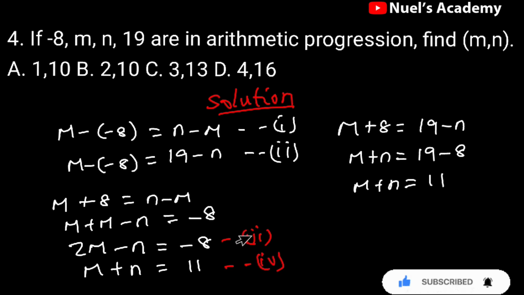Now let's solve these two equations III and IV simultaneously. We are going to add the two equations III plus IV, because we have minus n and plus n. If you add them up, n will be eliminated.